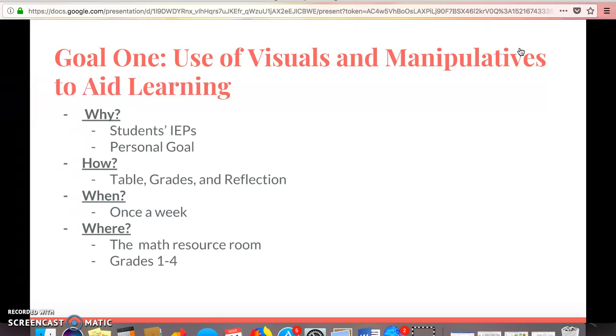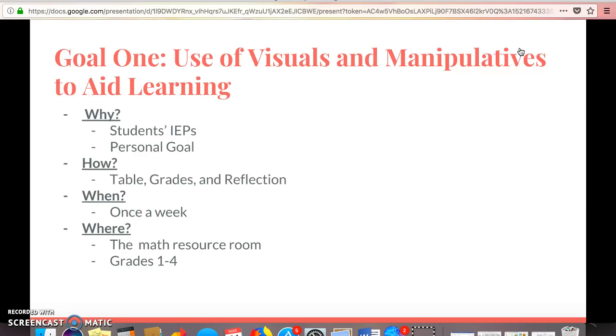Also, just going through my students' IEPs, I would say 95% of them have it written into their IEP accommodations that they need visual modeling or visual aids or manipulatives for their learning. So not only was it helpful for me to look deeper into this goal, but it was also necessary for my students' learning to have these effective visual models and manipulatives.